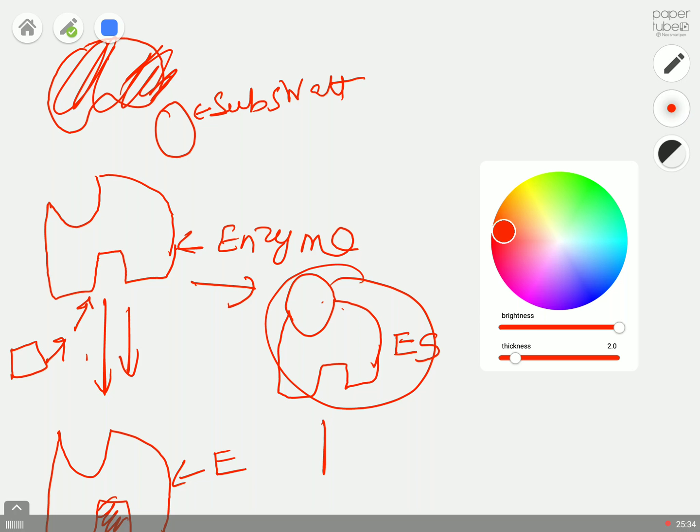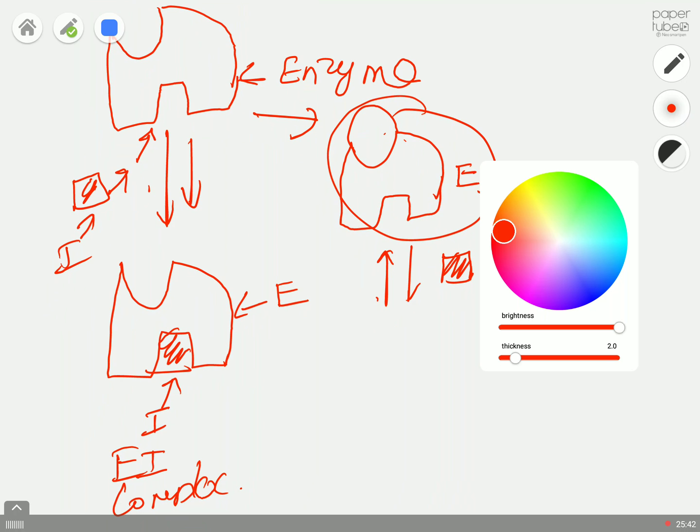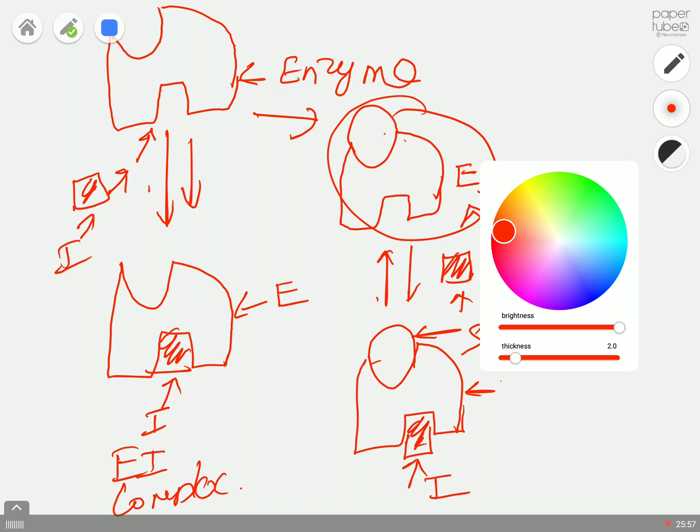So just assume your inhibitor, which is here. So this is your inhibitor. So it can bind to this enzyme substrate complex. So that's your inhibitor, that's your substrate, that's your enzyme.